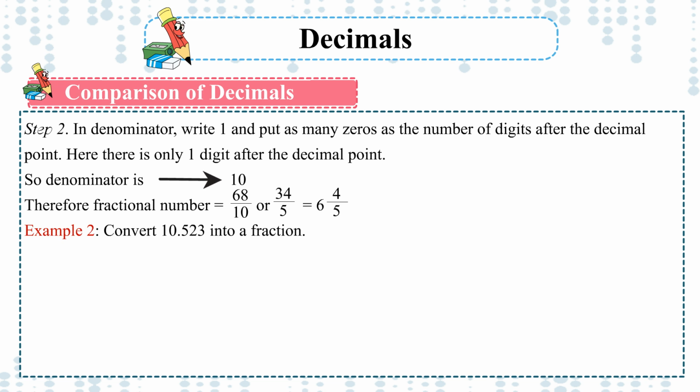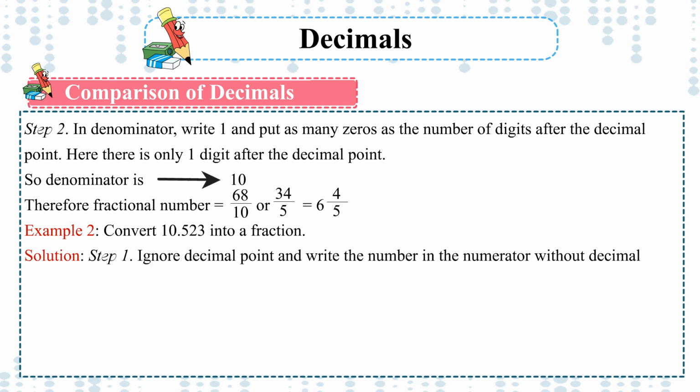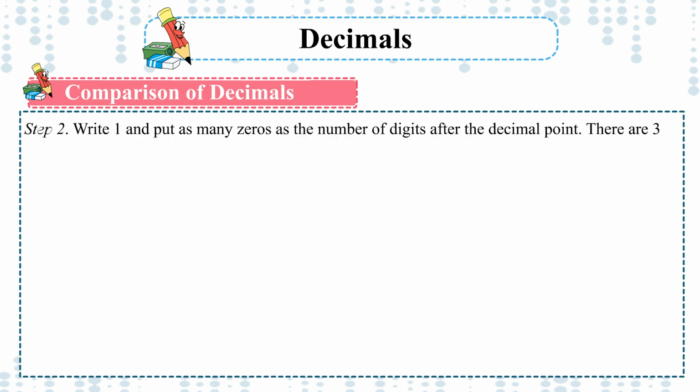Example 2. Convert 10.523 into a fraction. Solution. Step 1. Ignore decimal point and write the number in the numerator without decimal point. So numerator is 10,523. Step 2.